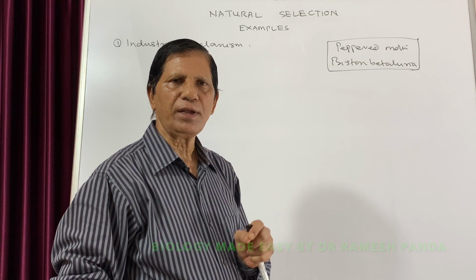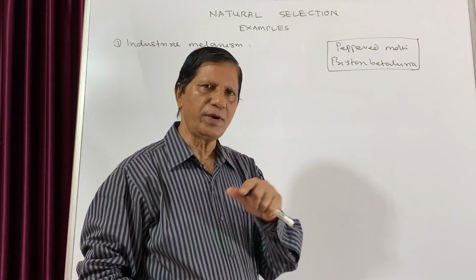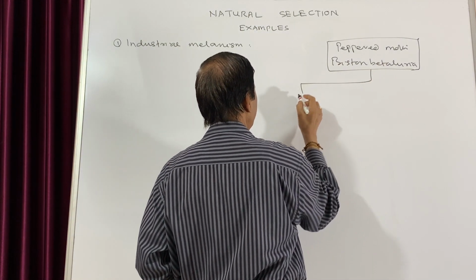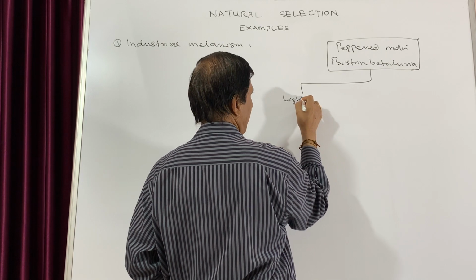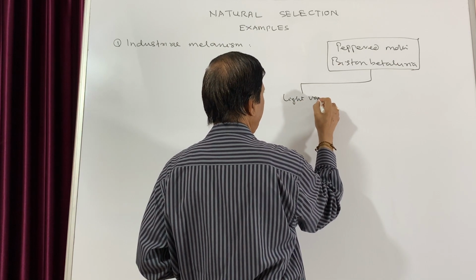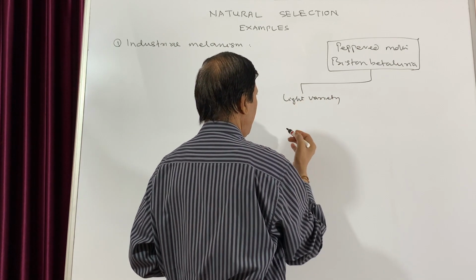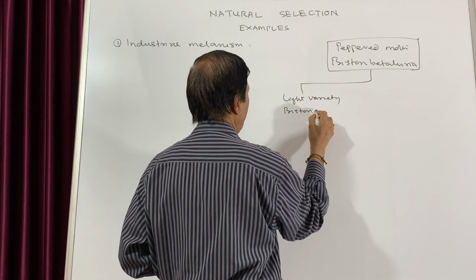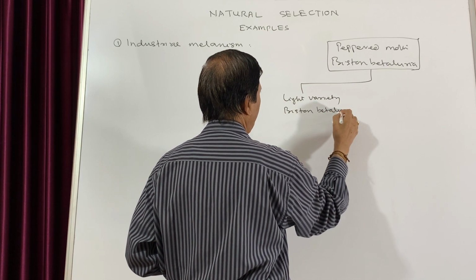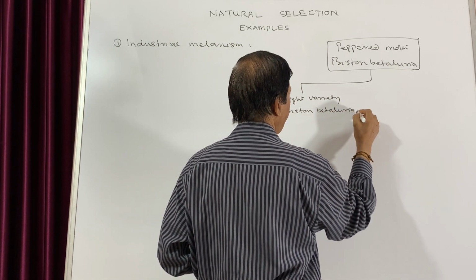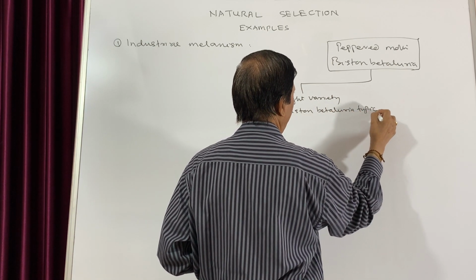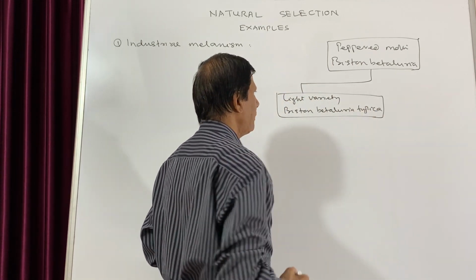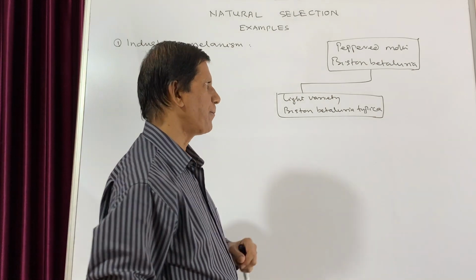In this particular species, there are two varieties. One variety is light colored, or we can say the light variety, and it is known as Biston betularia typica.